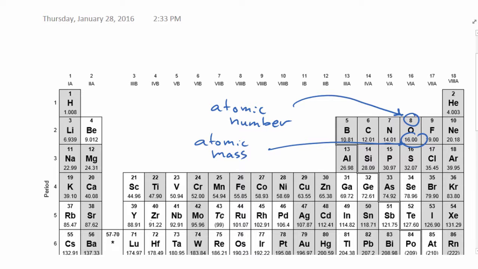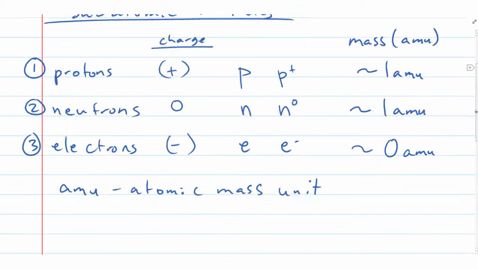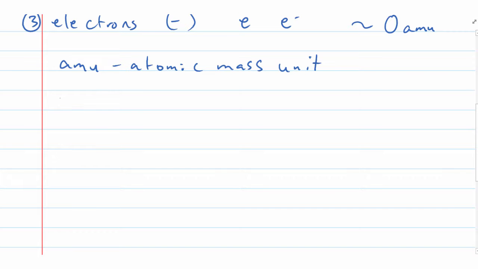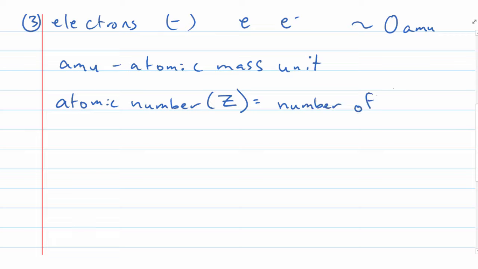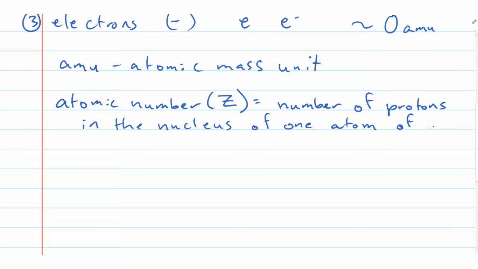Now we won't get to the atomic mass until probably about half an hour from now. But let's start with the atomic number. We say that the atomic number, which by the way we label with the letter Z, is equal to the number of protons in the nucleus of one atom of a given element.